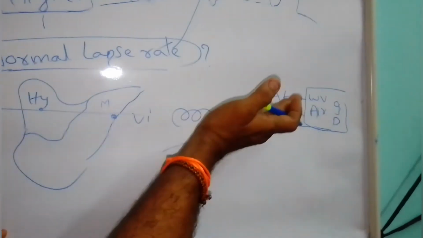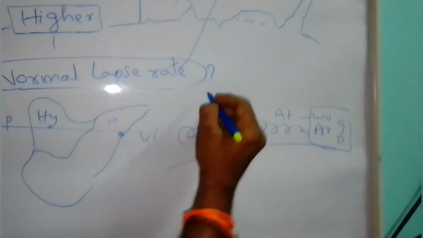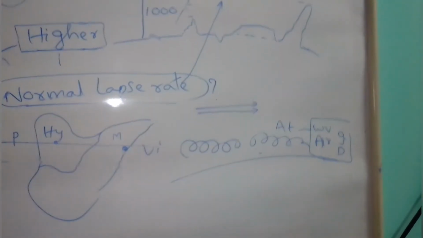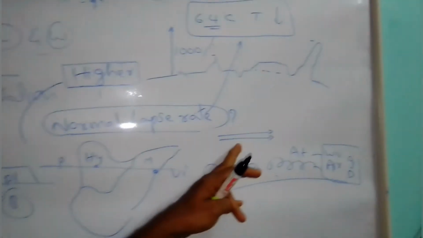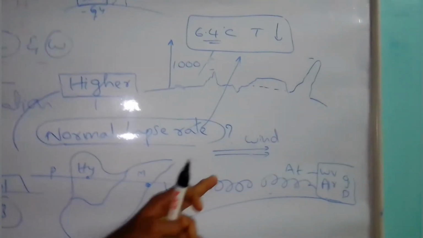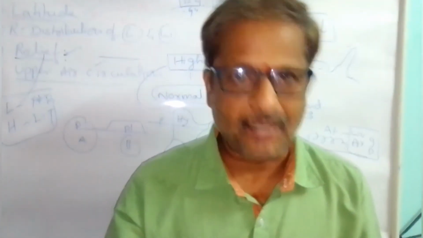And if we go to the higher areas of the atmosphere, a horizontal movement of air is observed. This horizontal movement of air is called wind, and it also affects our climate.